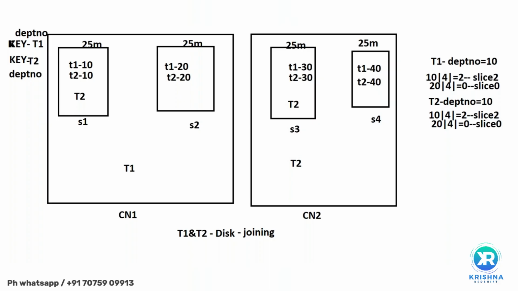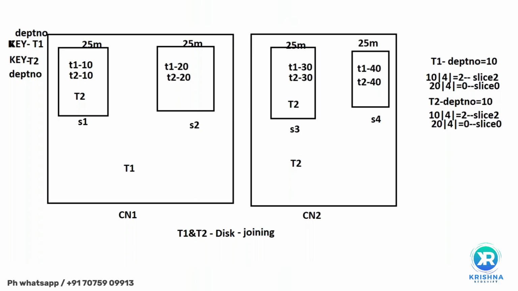If the same column is the key in both the tables, no problem, because matching values will be in the same place. So the local join will happen. No further movement is required.